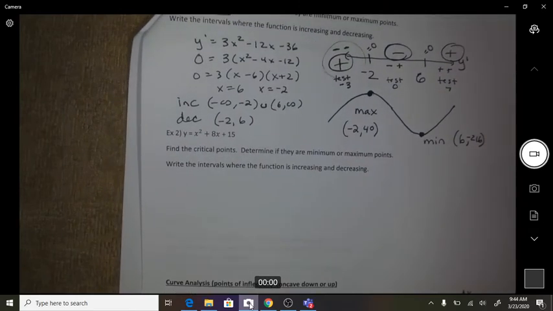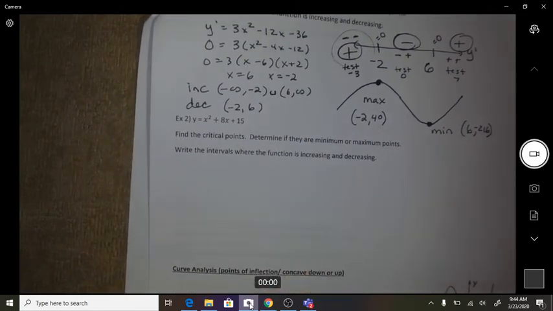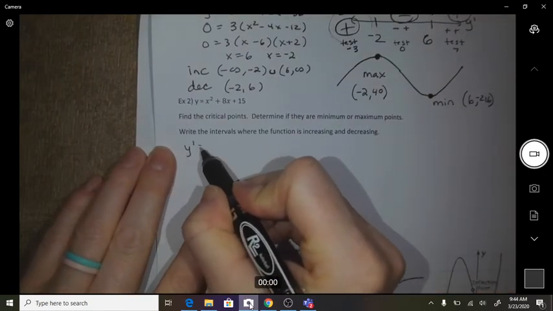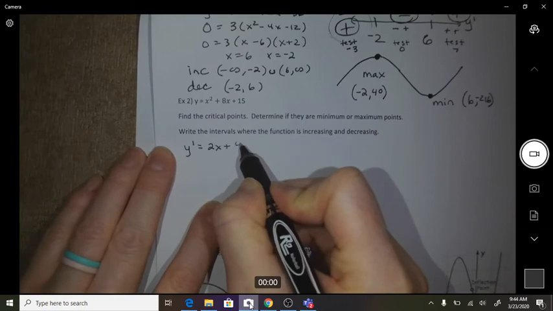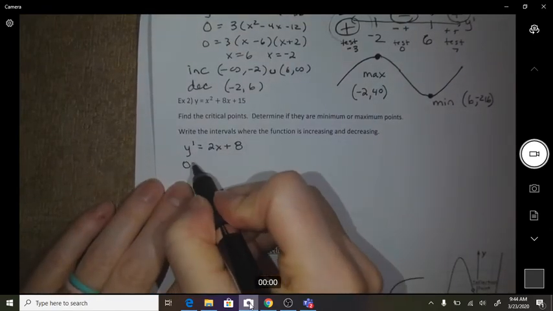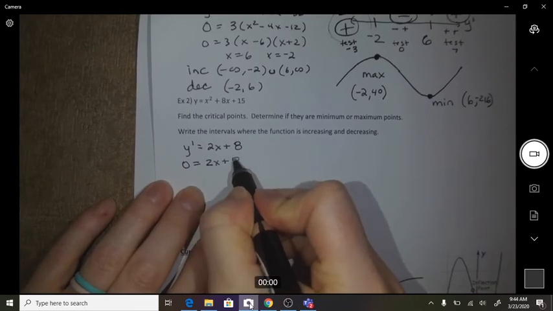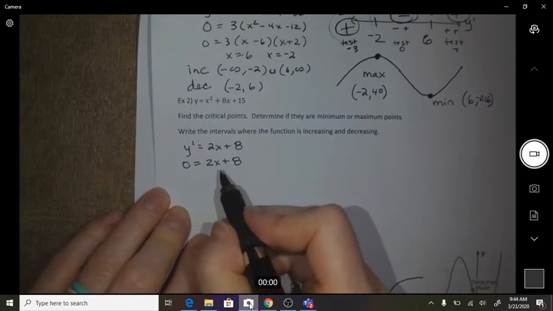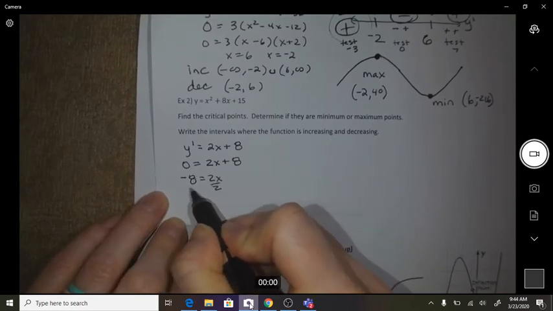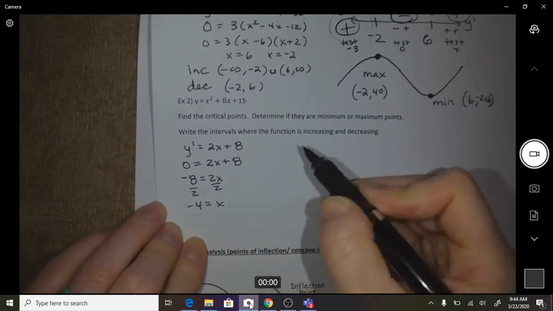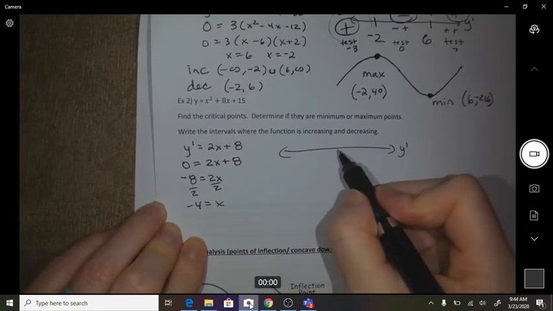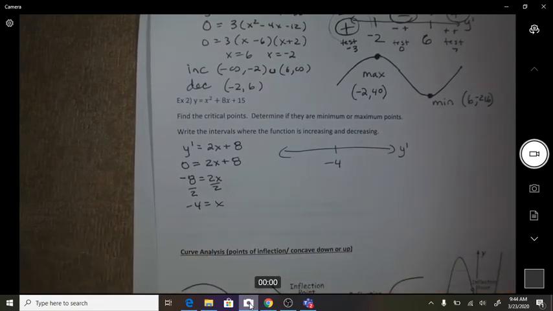Okay, find the critical points, determine if they're min-max, same kind of question. So we'll do it one more time. So y prime equals 2x plus 8. Okay, so where does this have a critical point? So that's where the slope is 0. So I'm going to move the 8 over, divide. Okay, so on a number line, let's analyze y prime. So all we have on our number line is negative 4.